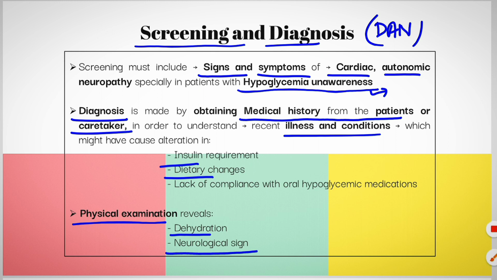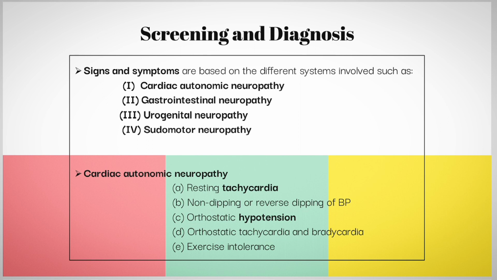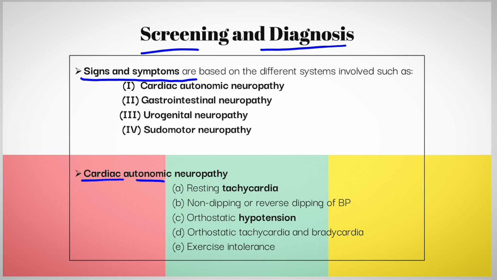In diabetic autonomic neuropathy, the screening and diagnosis can also be done by recording the signs and symptoms based on the system involved. For example, in cardiac autonomic neuropathy, the person can present with resting tachycardia, non-dipping or reverse dipping of the BP. The person can have orthostatic hypotension, orthostatic tachycardia or bradycardia, and exercise intolerance.